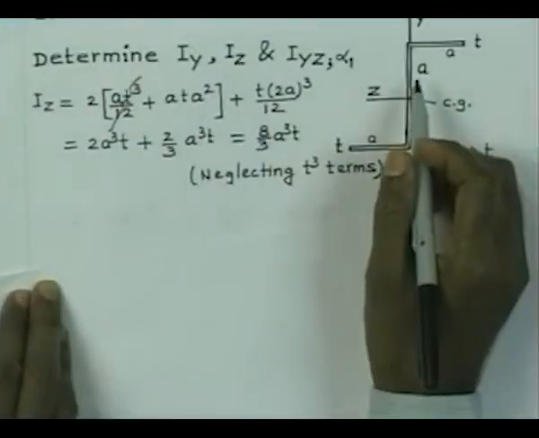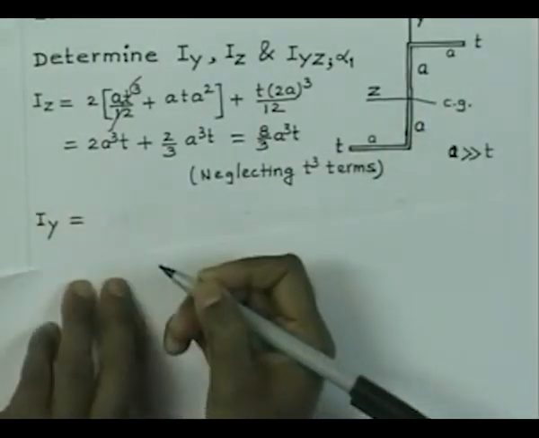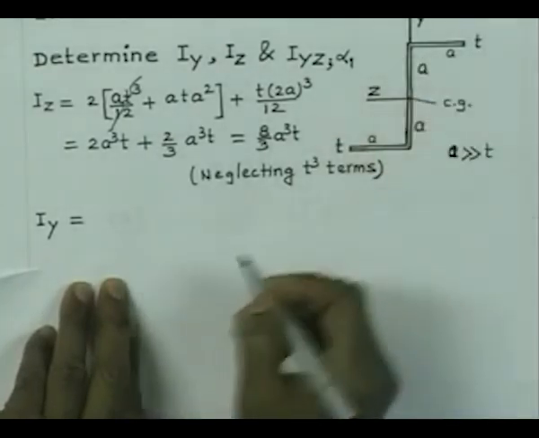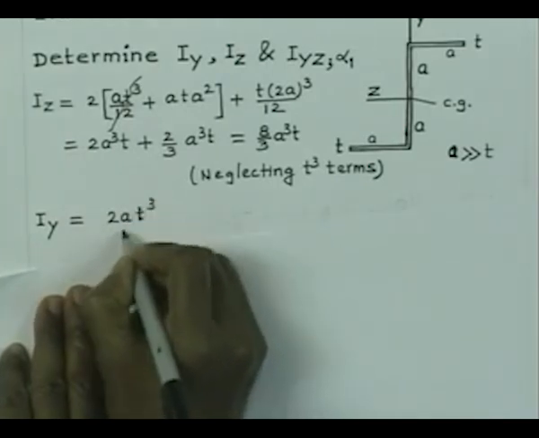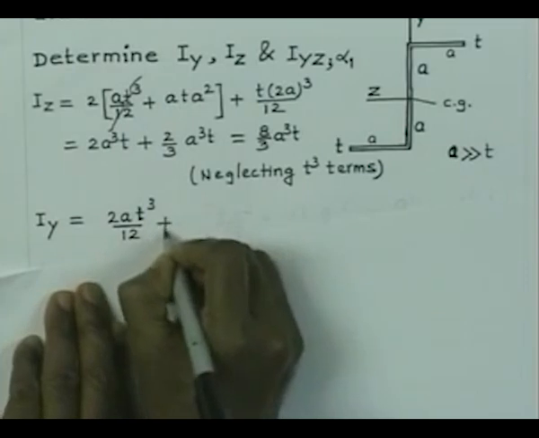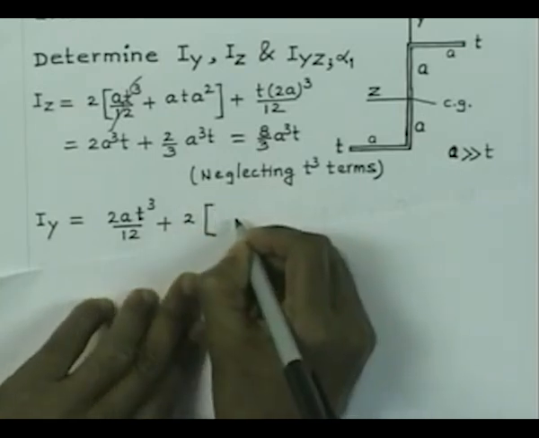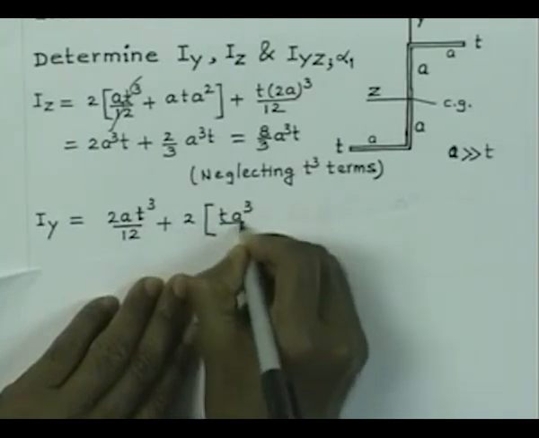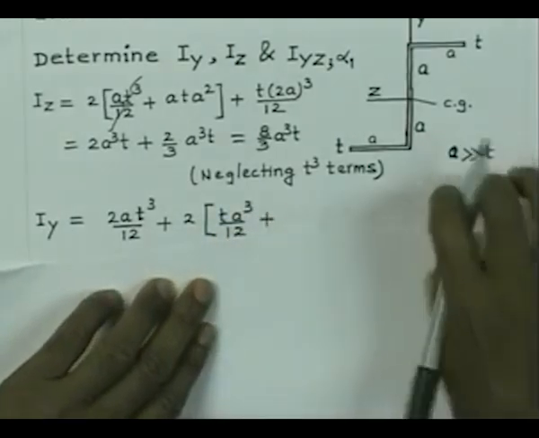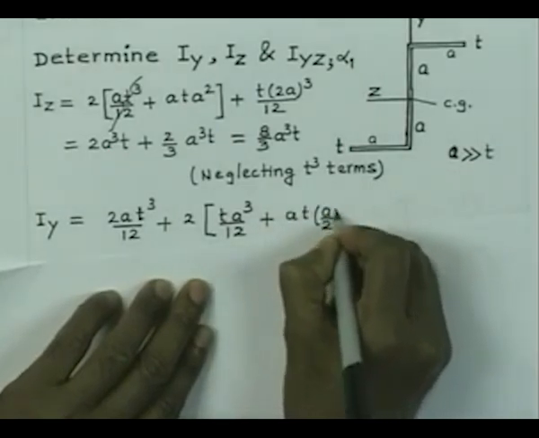Similarly, if I now go in for calculating the moment of inertia about the y axis, first of all I will have this web is going to give us 2a t cube by 12, and two flanges about their own centroidal y axis is t a cube by 12 plus area is a t and the C g is at a distance of a by 2 from the y axis.